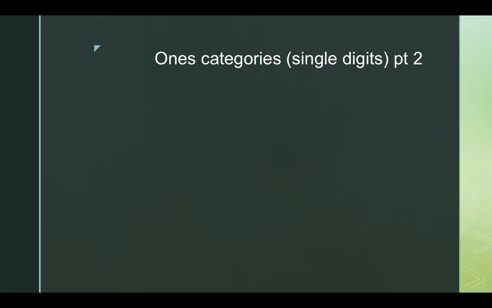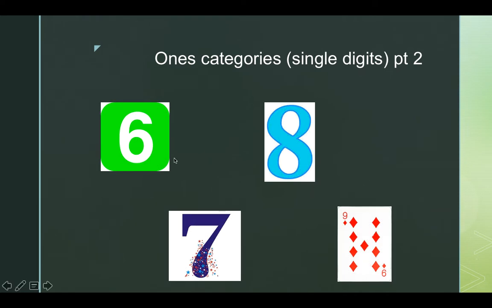So again, single digits part 2 are ones category. So we have 6, 7, 8, 9. 6 in Ojibwe is pronounced Ngudwaswe.